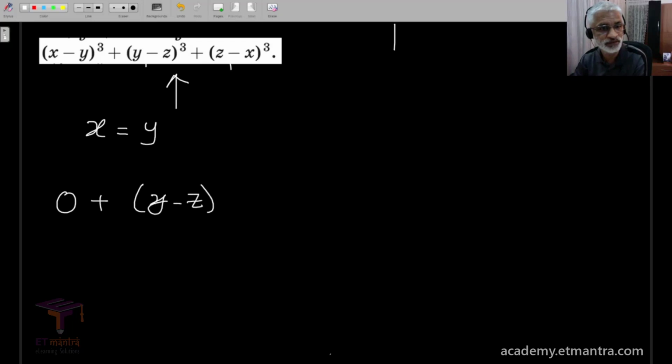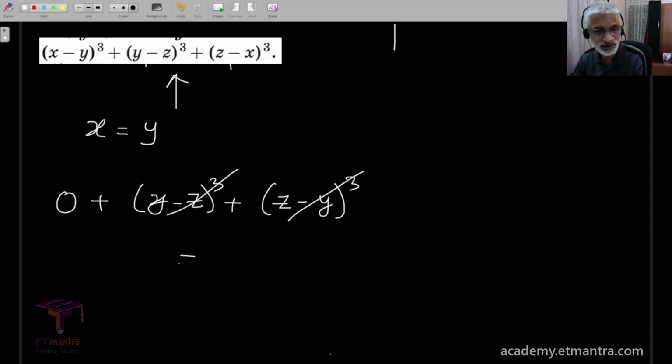Let's say that I put x equal to y into the above expression, then the first factor becomes 0 plus y minus z whole cube plus z minus y whole cube, and you can see that these two will cancel each other, and that will give us 0.